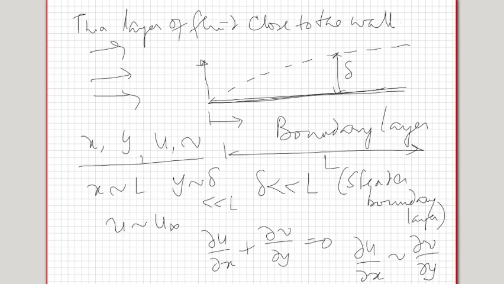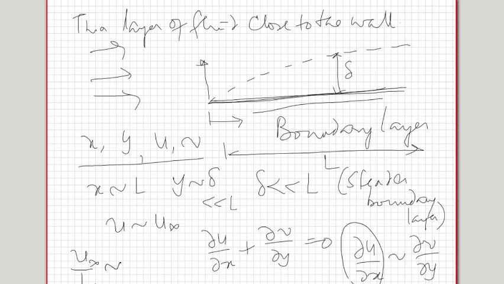Now if I put the orders of u, x and y, then I'll be able to get the order of v from this. So what does that give me? u is of the order of u infinity. So del u by del x will be of the order of u infinity by L, because we are looking at the gradient in the x direction. x itself is of the order of L and u varies between 0 and u infinity, and therefore u infinity by L will be the order of magnitude of the left hand side term.